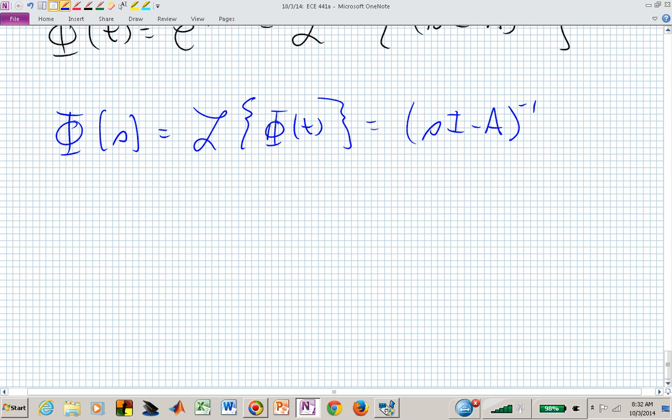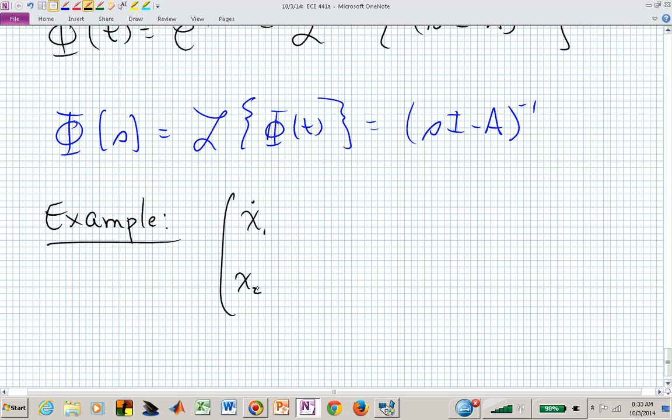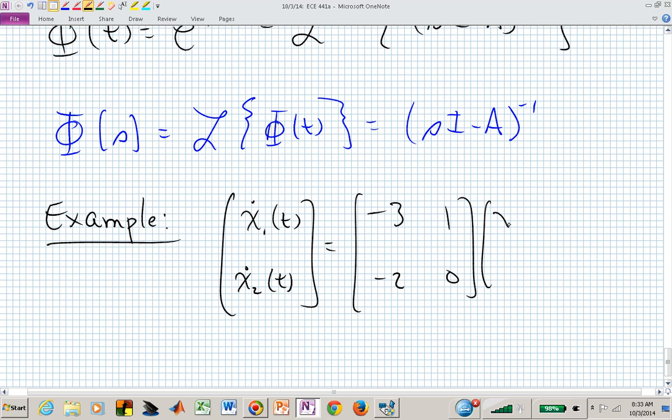All right, so let's look at an example. Suppose that x1 prime and x2 prime, we have a second order system that are governed by this system matrix dynamics, -3, 1, -2, 0, and let's say that the input matrix is 2, -1.